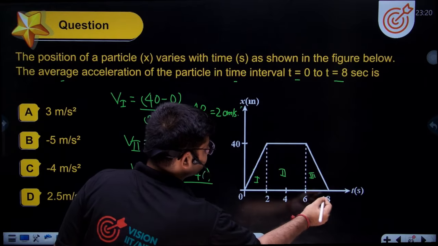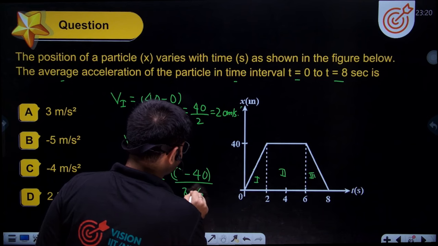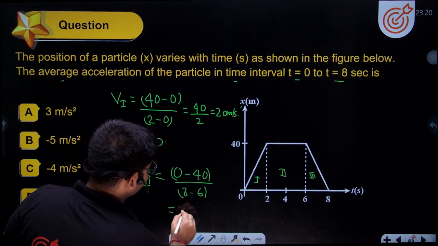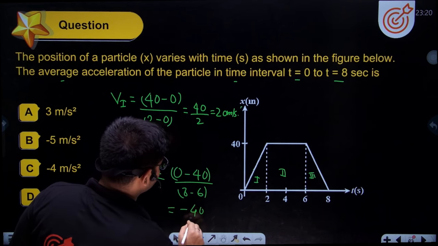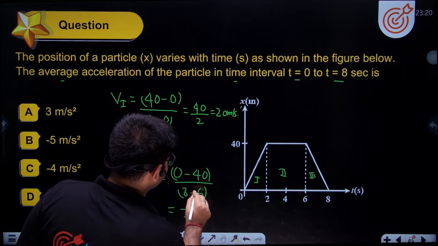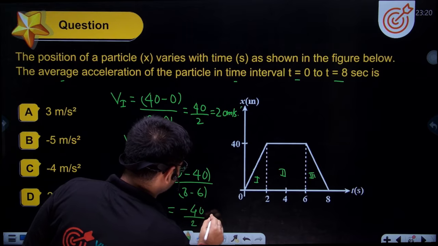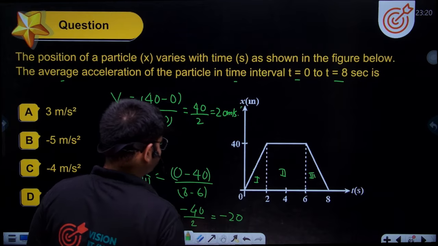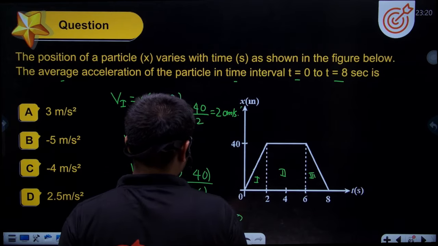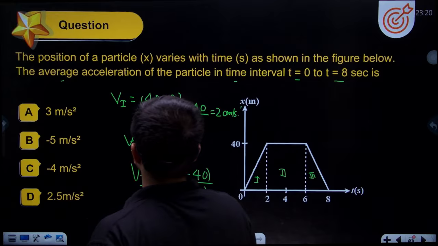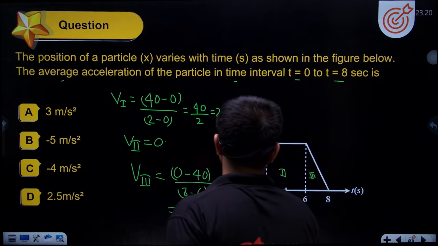The time is basically 8 minus 6. So it is minus 40 by 2, minus 20. So it becomes minus 20 meter per second.